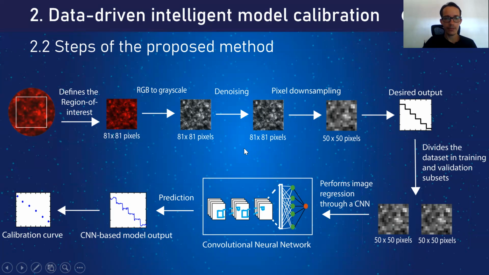After, a pixel downsampling is performed and posteriorly a targeted curve is defined. Finally, the dataset is subdivided into training and validation subsets for performing the training through the convolutional neural network, and the resultant model generates an output curve, which is used to create the calibration curve of the sensor.